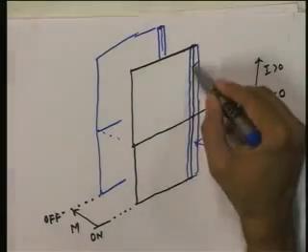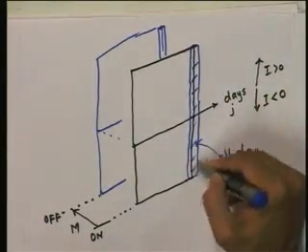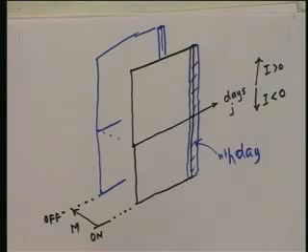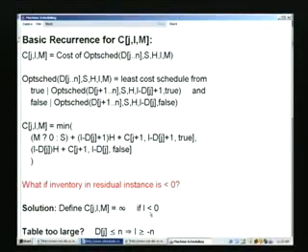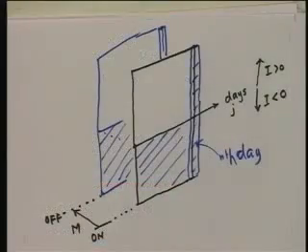So these values are known. Then, because of this, we defined C of j, i, m equal to infinity wherever i was 0. We have also filled this out. So these parts are filled out to begin with, by very simple ideas.